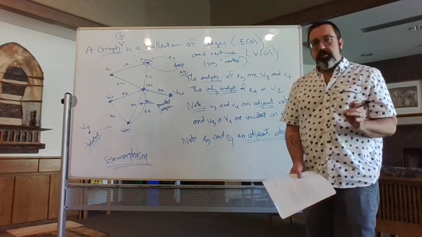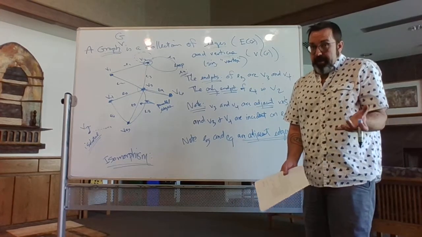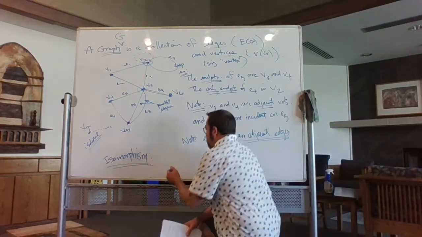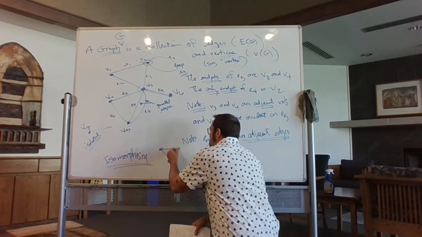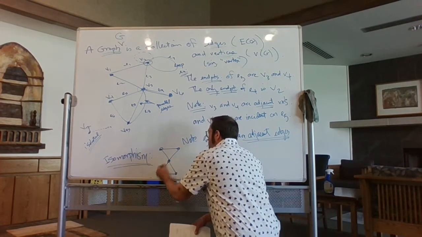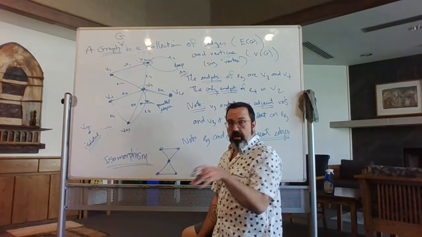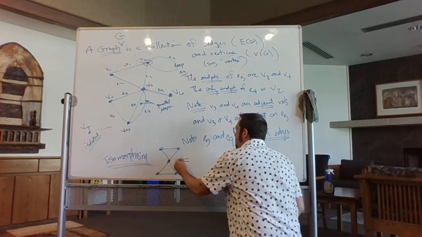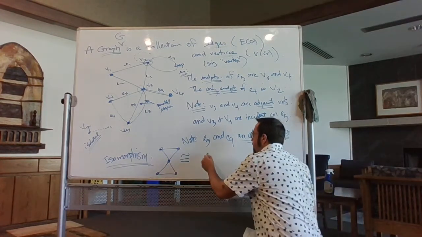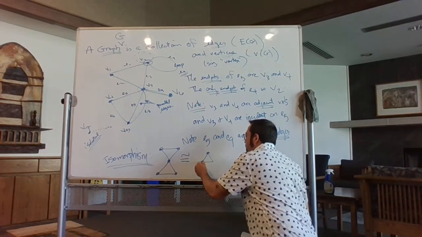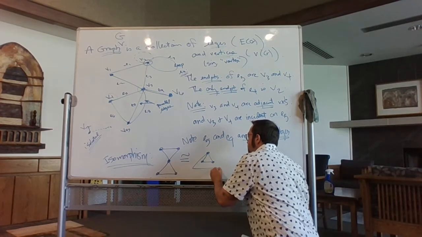An isomorphism between two graphs essentially means they have the same picture. The same shape. So for instance, I could draw this graph here, rather, and I'm going to use that little symbol to denote isomorphism. And I could say, well, I could draw that in a slightly different way if I wanted to.